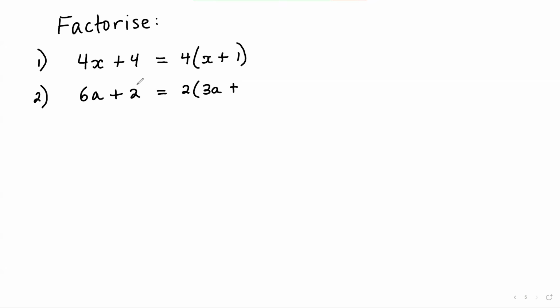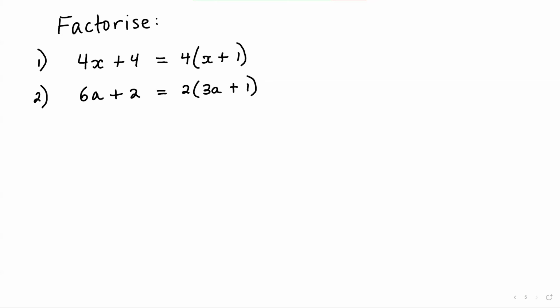And then 2 times 1 gives me back 2. So however you want to think about it is fine: either 2 times what number gives you the original term, or the original term divided by the factor. Both of them are right.